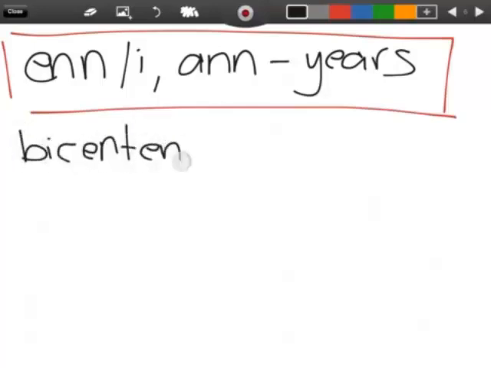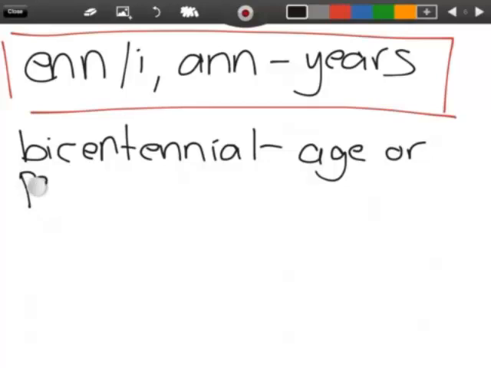One of them is bicentennial, meaning age or period of 2 years. I'm sorry, 200 years.